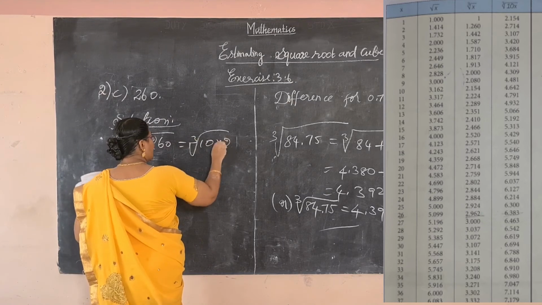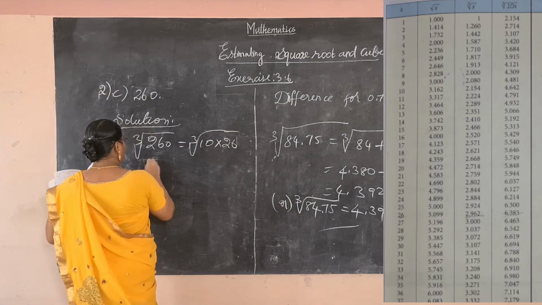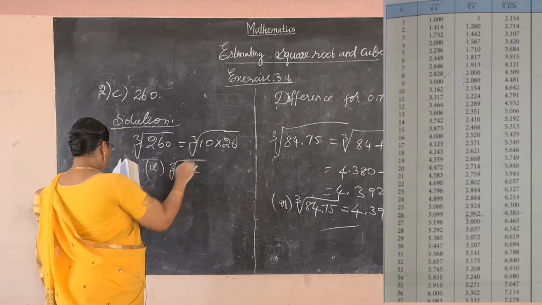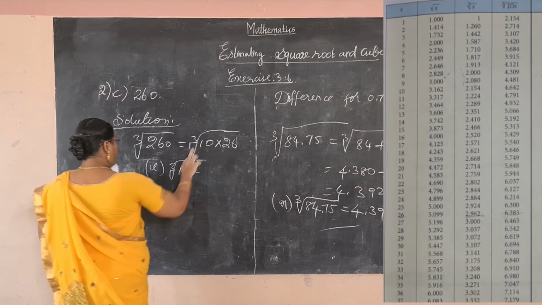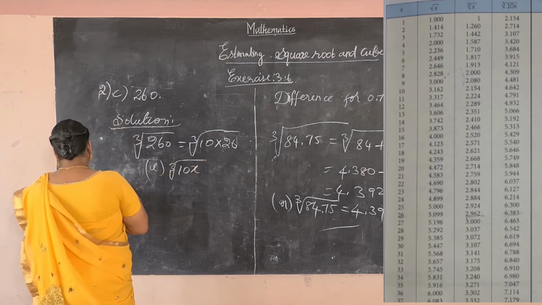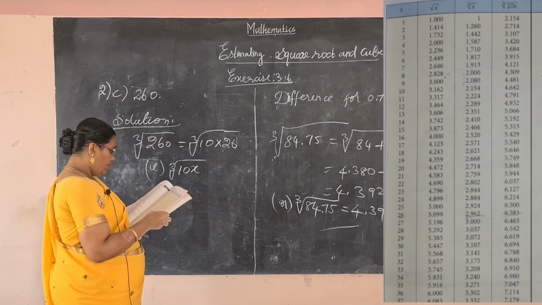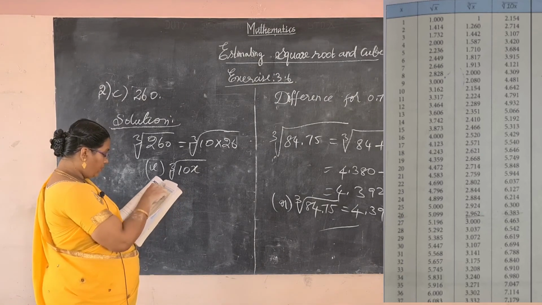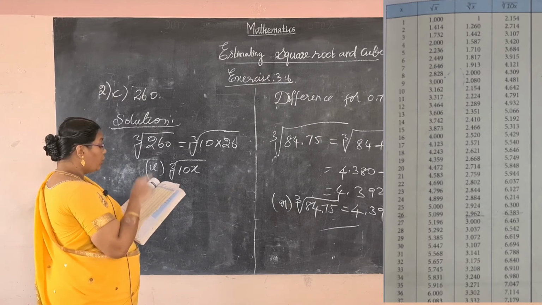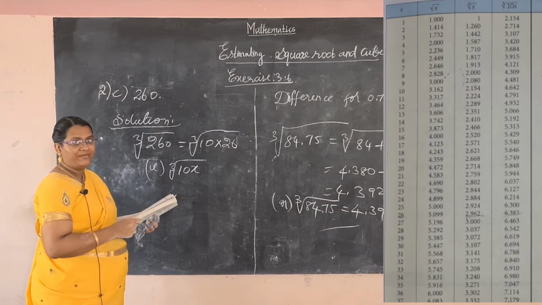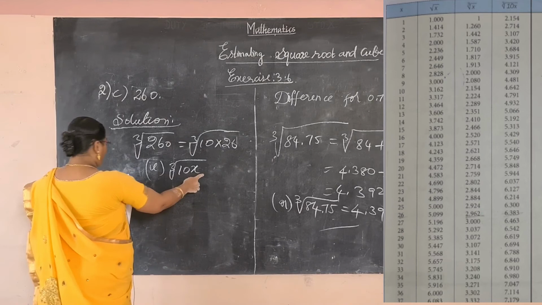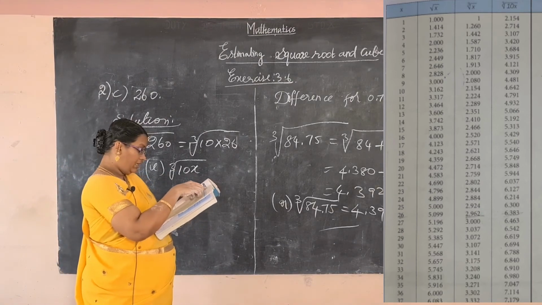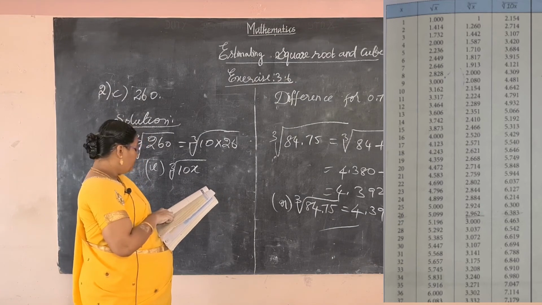Okay, x is 26. That is the form of cube root of 10x. Now see the corresponding value of 26 in the 4th column, the cube root of 10x. See the page number 57, the table, against the number 26.